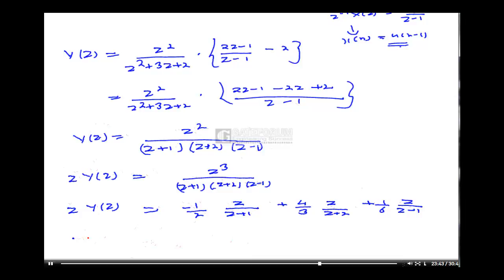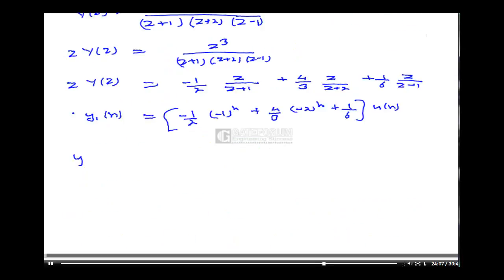Let for this my time domain be y1(n). I will get y1(n) something like this: minus 1 by 2 into minus 1 to the power n plus 4 by 3 into minus 2 to the power n plus 1 by 6, whole multiplied by u(n).